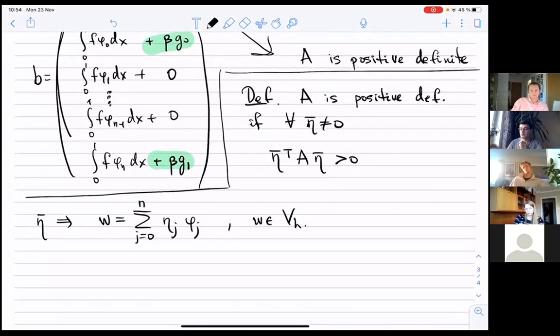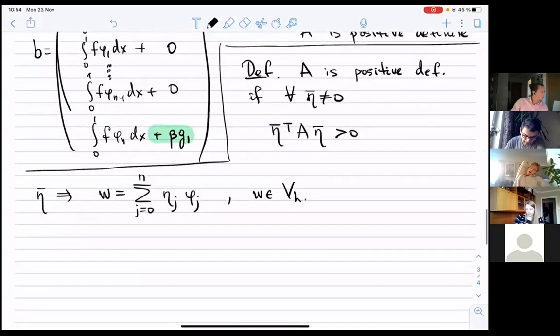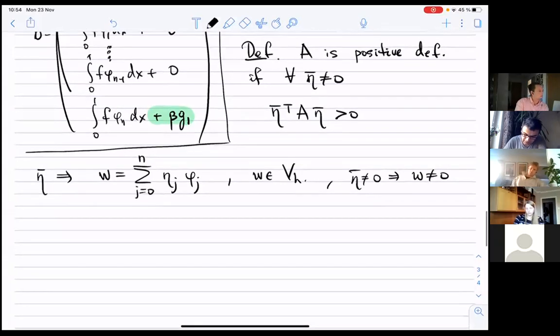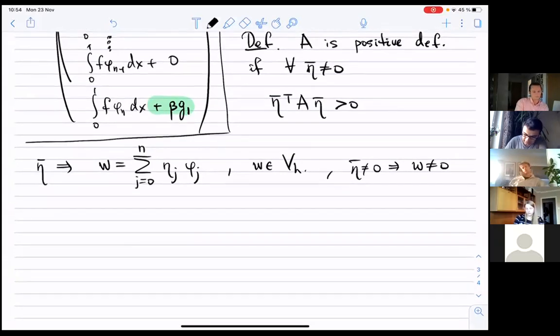Of course, we can use these coefficients and construct a linear combination. When eta is non-zero, that means w is also non-zero. It's a function.